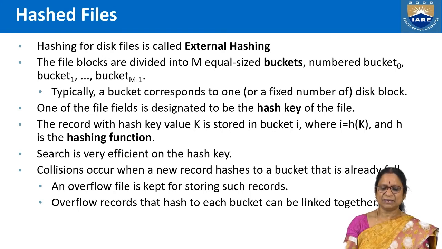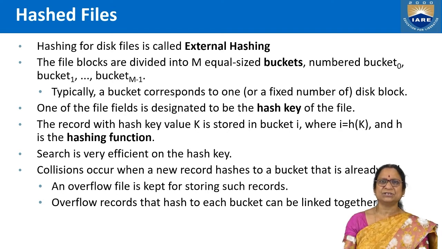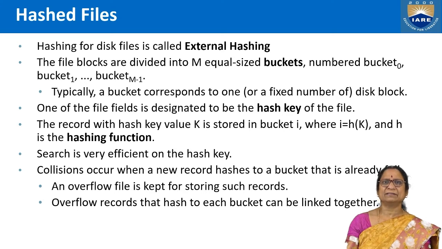That is, search is very efficient on the hash key. Only one computation is sufficient. On the hash key function, the direct bucket number is there. Within the bucket, we have to consider searching either by linear or binary, etc., depending upon the way we are arranging the data in a bucket.